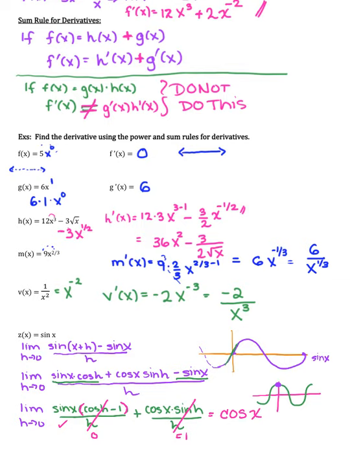What happens at pi over 2? Remember, at pi over 2, your slope here, that's a maximum, is going to be 0. Well, pi over 2 on cosine is 0. So every value of cosine gives you the slope of a tangent line to your sine graph.